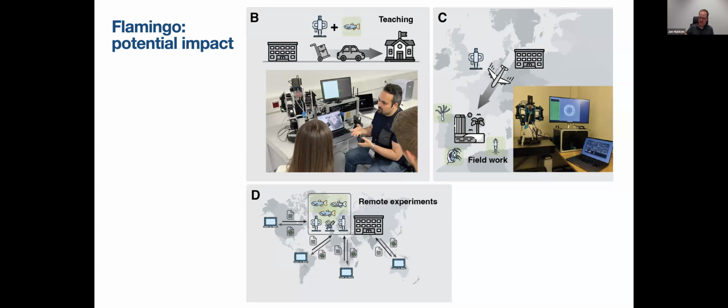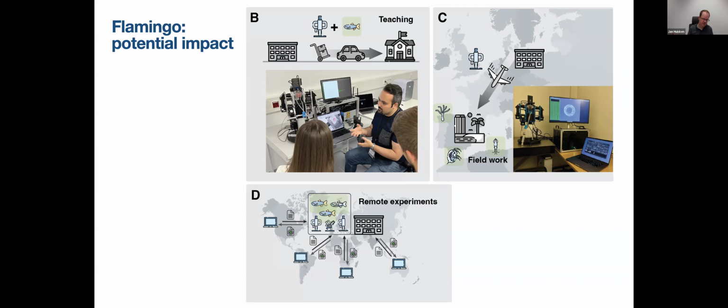And that's also the idea behind this concept, where maybe in one place you have many Flamingos and you have many samples, and people don't actually have to do the experiment in their lab, but they can do it remotely, right? So let's say you're a zebrafish scientist and we happen to have the transgenic line you want to image.